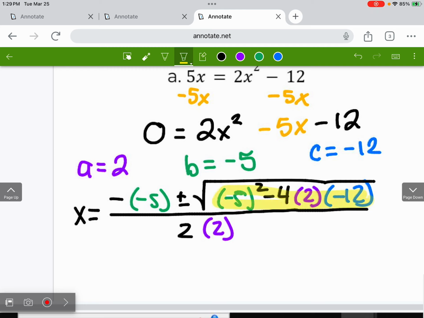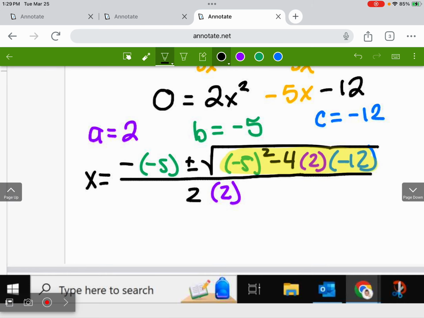The discriminant is this guy underneath, not including the square root, just the stuff underneath. And if we simplify that bit, that's going to give us the square root that goes over here. What is negative 5 squared minus 4 times 2 times negative 12?